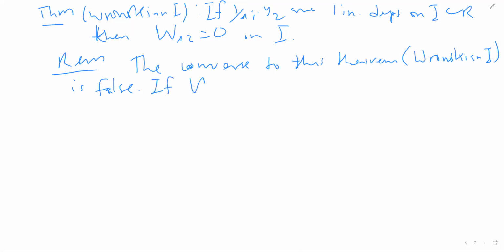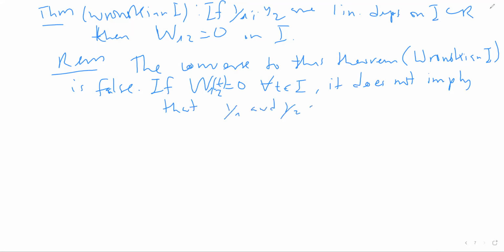Thus, if W12 is 0 for all t on I, it does not imply that y1 and y2 are linearly dependent.